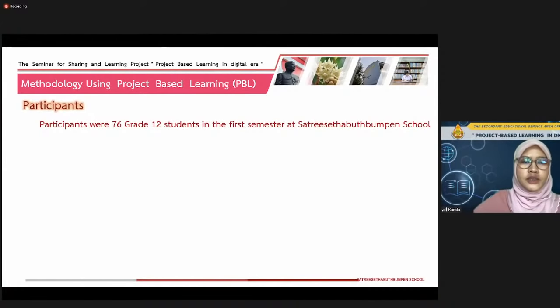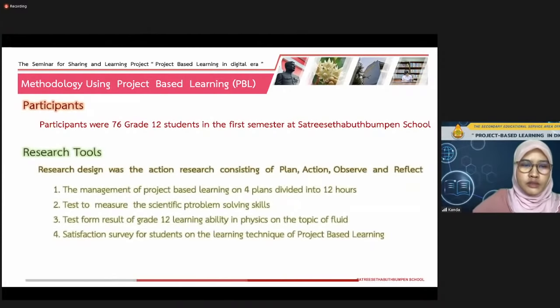Participants were 26 grade 12 students in the first semester at Satri Setabut Bampen. Research design was the action research consisting of plan, action, observe, and reflect. The first one, the management of project-based learning on 4 plans divided into 12 hours.